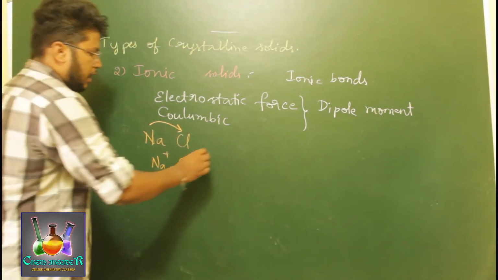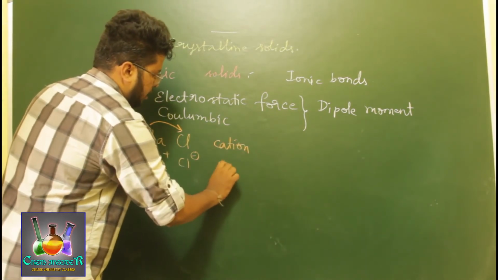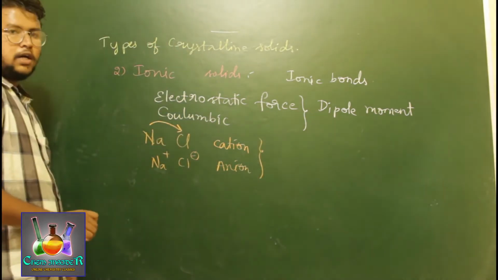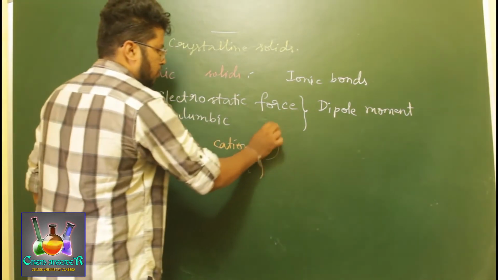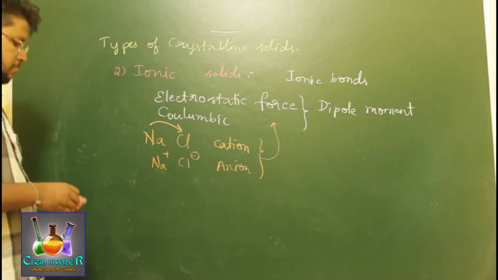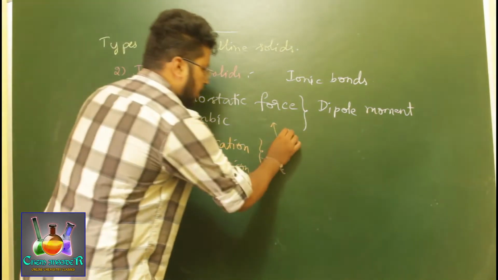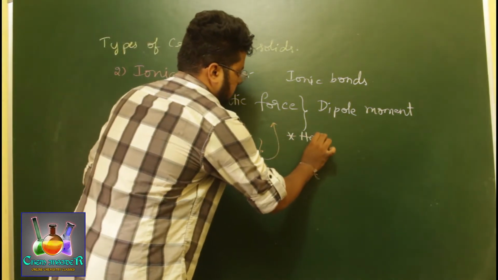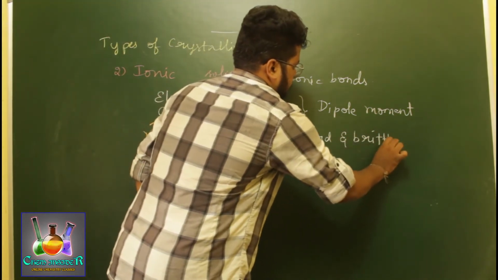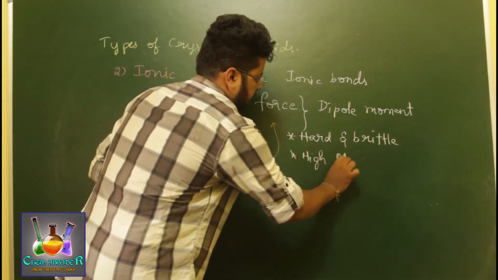So in ionic solids there are two types of ions present, cations and anions. These cations and anions are held by a strong force called electrostatic or Coulombic force. Because of this strong electrostatic force of attraction, they are very hard and brittle. They have a very high melting point and boiling point.